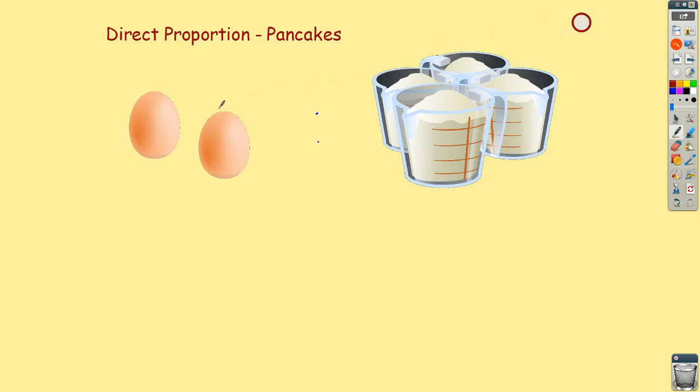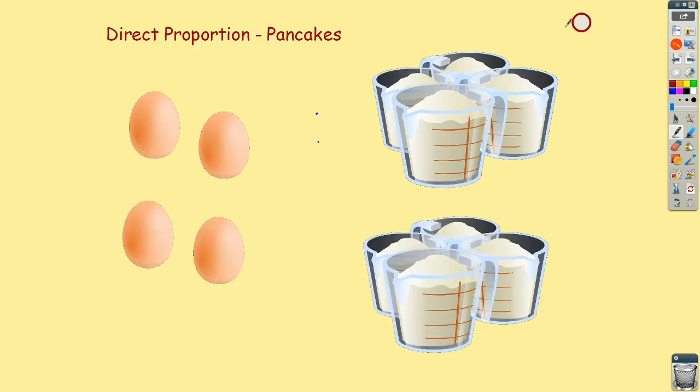So anything you do to one side, you would have to do to the other side is what makes them in direct proportion. So if I doubled the number of eggs to 4, I would have to double the number of cups of flour to 8.